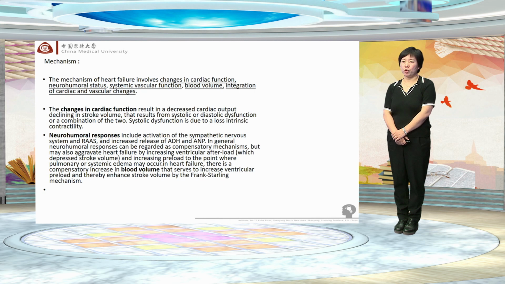An increase in blood volume leads to increased ventricular preload and thereby enhances stroke volume by the Frank-Starling mechanism. There are other mechanisms which can cause heart failure. We will not discuss them here.